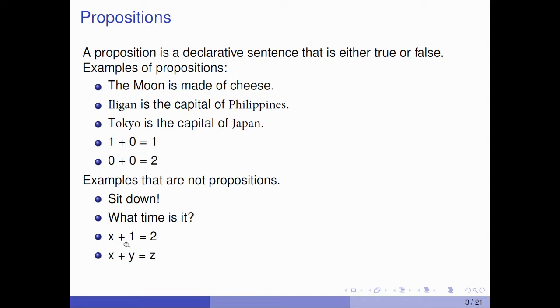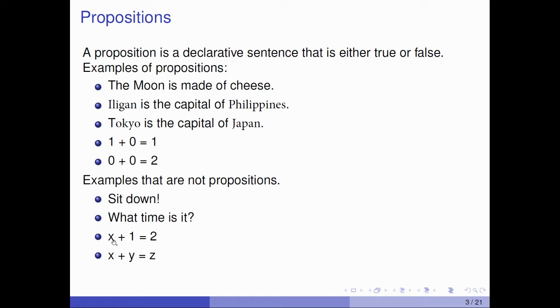The last two examples are in mathematical symbols. Well, these may end with a period similar to the previous examples, but these are not propositions in the sense that you can never tell whether these two are true or false, because these two equations contain variables and variables take random values.